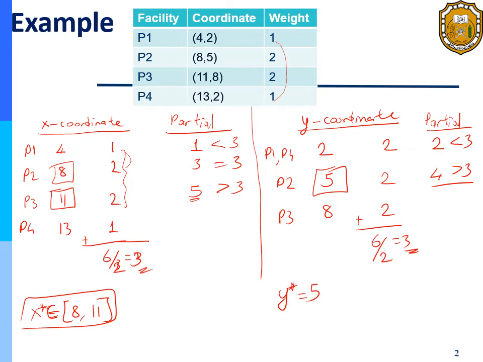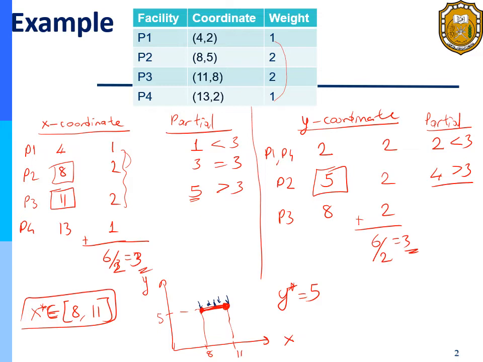So if I sketch the coordinate system like this, x and y, let's say this is 8 and this is 11, and y equal 5 is here. Okay, so any point on this line segment over here is optimal. You can locate your facility to here, to here, to here, anywhere, and it will have exactly the same optimum cost.